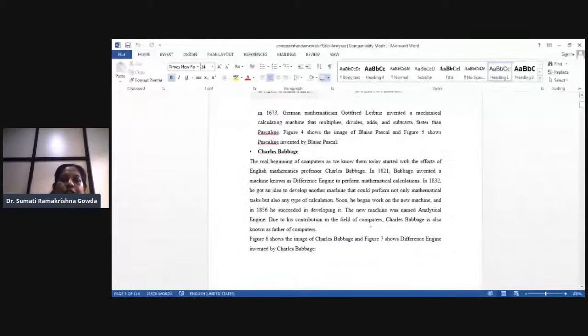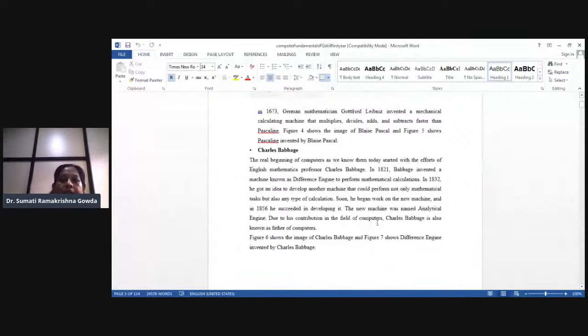See, after this class, you should be able to know who Charles Babbage is. Charles Babbage is the father of computers. Why is he called the father of computers? Because he improved. The earlier machines could only do basic mathematical operations such as multiplication, division, addition, and subtraction. Then Charles Babbage improved it, so it could do differential and analytical mathematics.